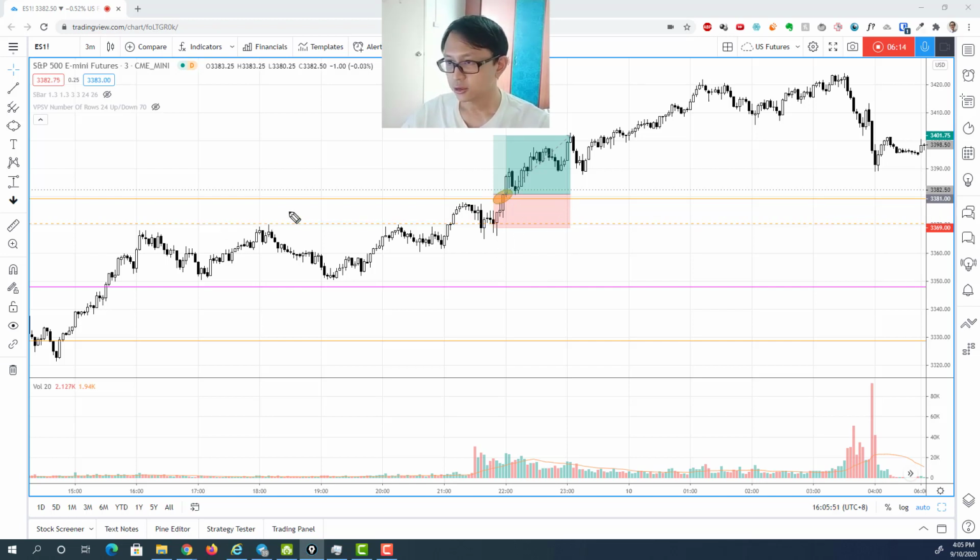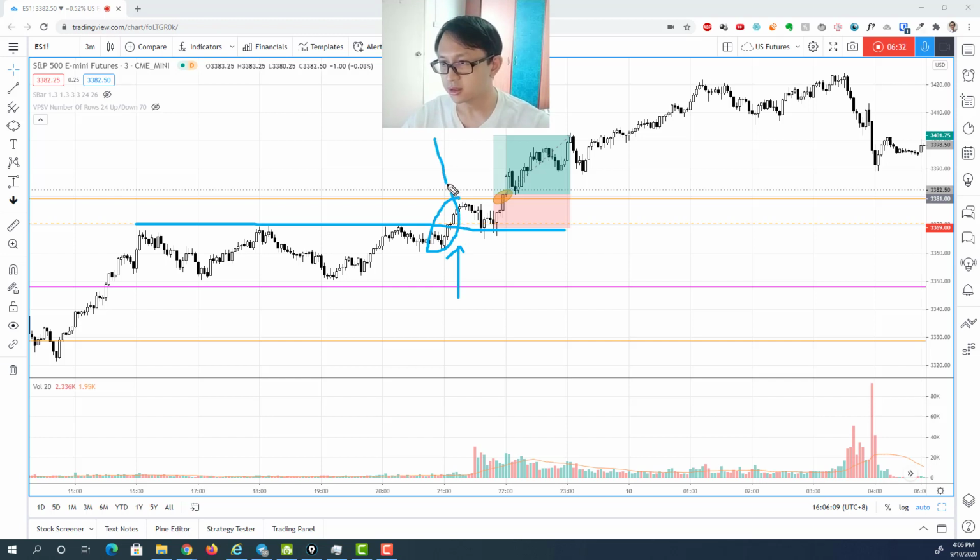You can see that prior to that there was actually a breakout. Here is the resistance, and the breakout came just right before the US opening, about 9:15 or 9:10 p.m. my time zone.